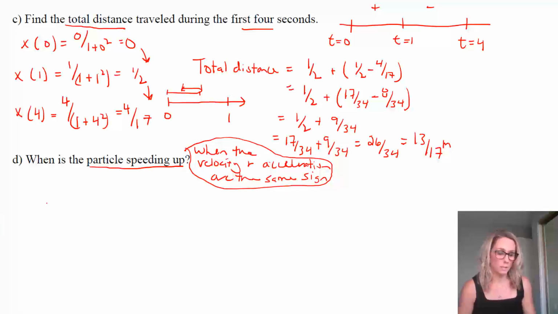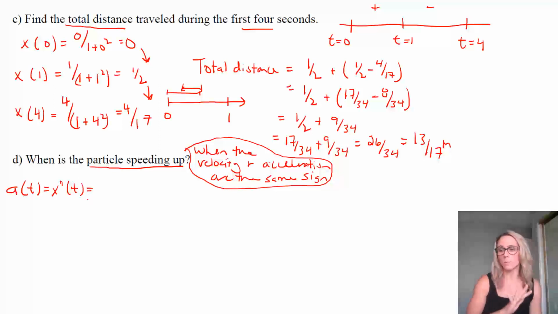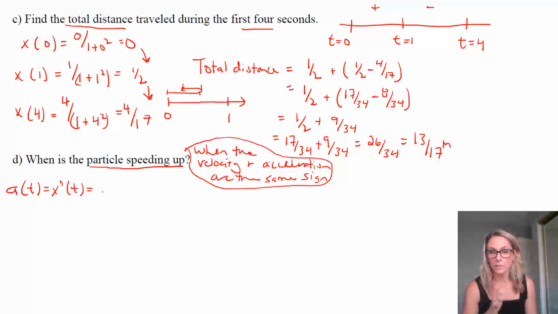So what we would need is to find the second derivative. We need to find acceleration at time t. That's the same as the second derivative of the original function. That would be the first thing that we need. If you want, go ahead and do this. It is the quotient rule on the first derivative to get the second derivative, using the quotient rule again and then simplifying.